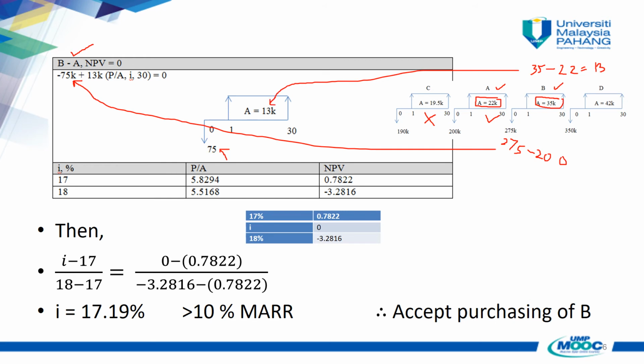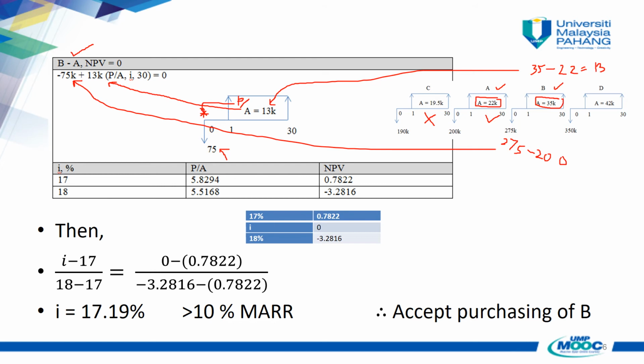And then once we got this, we construct our NPV here. 13,000 here, this is our new A. So we want to find out what happened to our new present worth. So we call this finding P when you know the A here, equal to 0.